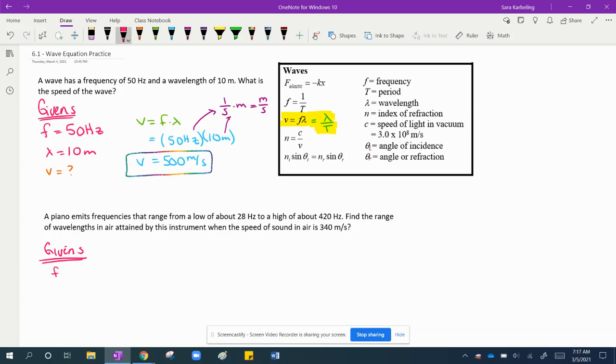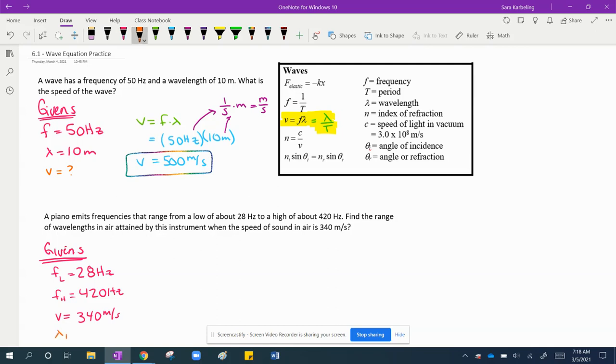So we're going to have a low frequency, f_L, of 28 hertz, and you could write that as frequency 1 if you want. It doesn't really matter. And then the high frequency, f_H, or again, frequency 2, is 420 hertz. The speed of sound, that's v, is 340 meters per second. And in this case, our unknown is the wavelength.